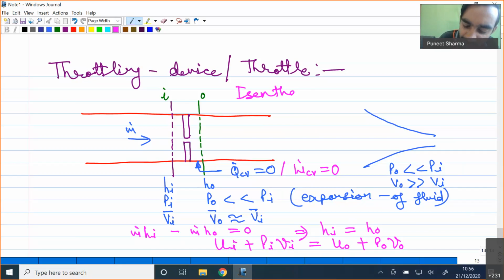The enthalpy of the process is constant. In this isenthalpic process, we know that PO is very, very small in comparison to PI. So our specific volume at the outlet has to increase in order to keep our enthalpy the same. Okay. More details about the throttling process, I will try to give in our next lecture. Now I'll stop at this point.